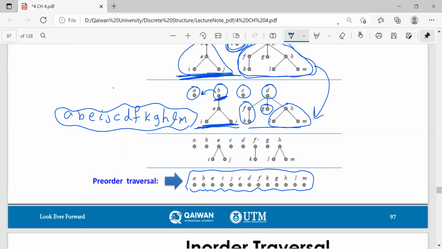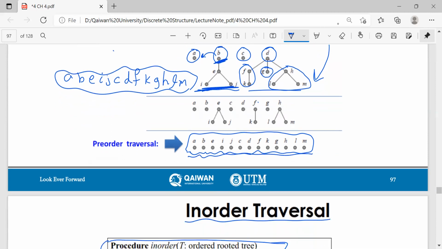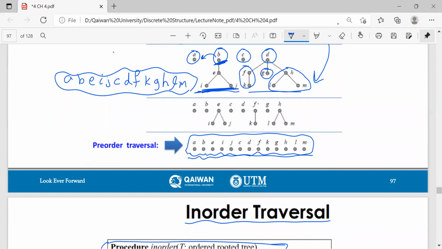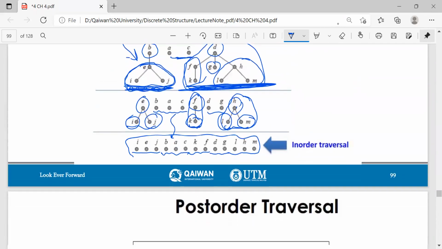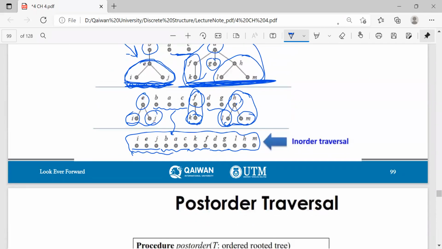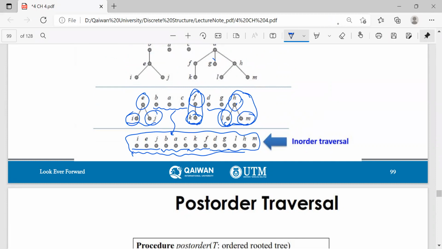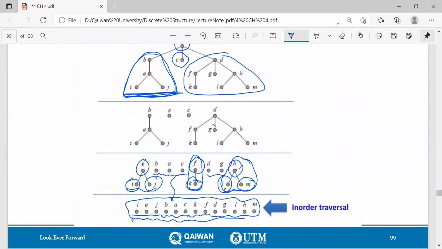This is the pre-order traversal. It's in this order: A, B, E, I, J, and so on. But the in order traversal, it's I, E, J, B, A. Look, they are different. These are different orderings of the vertices of that tree.